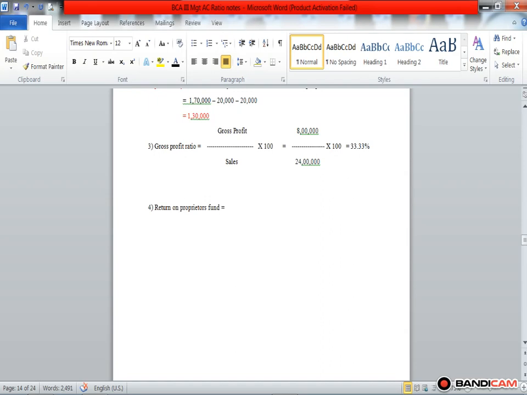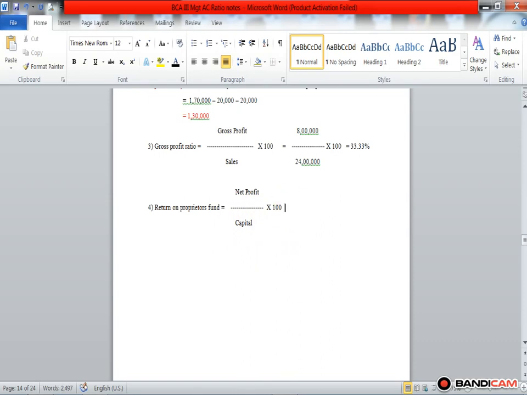Net profit divided by proprietor's capital, and we know the amount of capital, into 100. Here we know the percentage of return on capital, so here multiplied by 100. Okay, this is the formula to find out the return on proprietors fund.